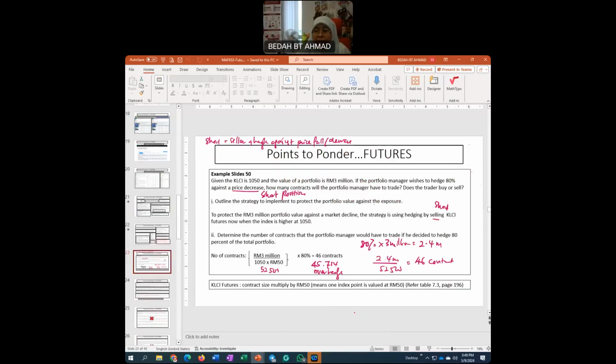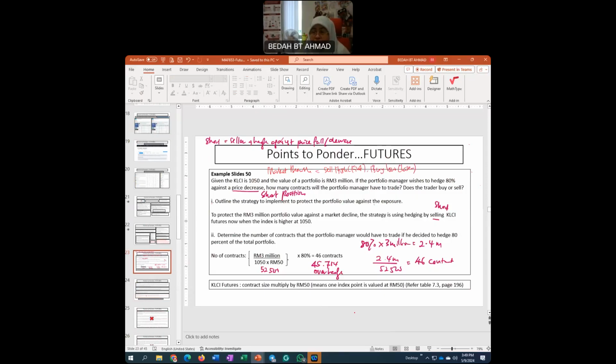The manager anticipates a price decrease, so this is a bearish market. That means this fund manager needs to sell first, sell high, and buy later, buy low, when the price has already fallen.